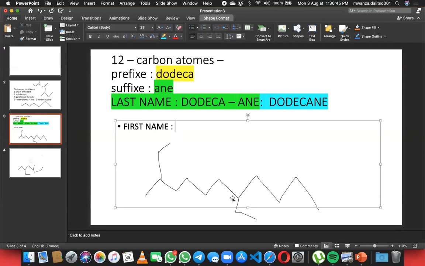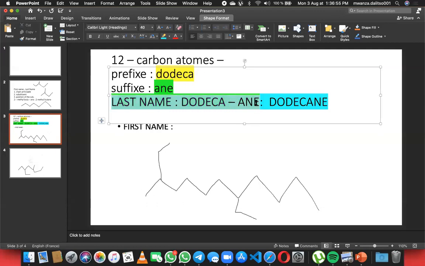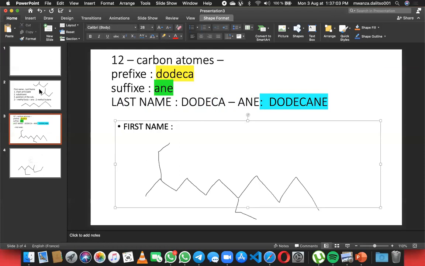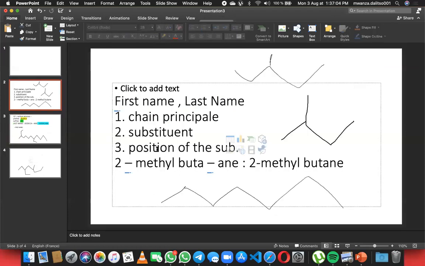Rule number 4 states that whenever you have two substituents, you are also supposed to take into consideration their order in the alphabet.